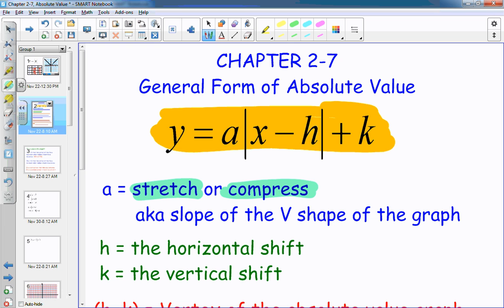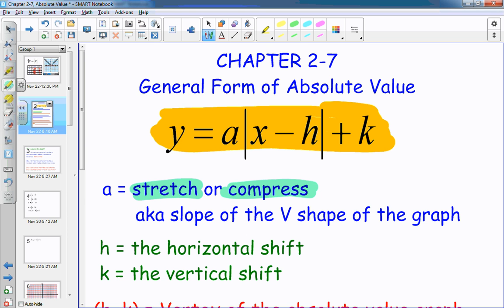Whenever I want to compress, I turn into a fat, stocky cereal bowl. We're going to eat out of a big bowl, right? So a compress is going to be a lovely little fraction, and a stretch is going to be a big number such as 5, 7, 2, 3.